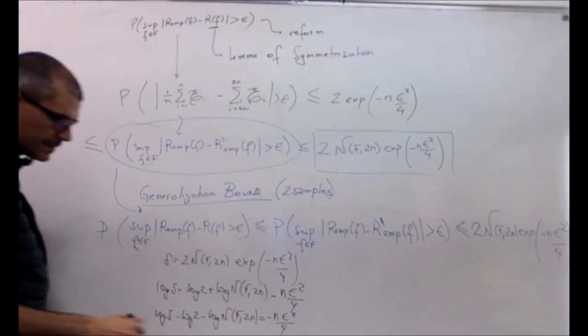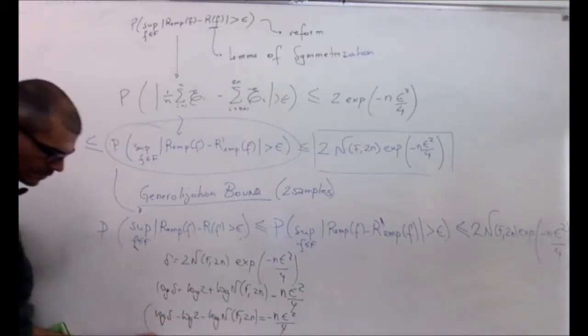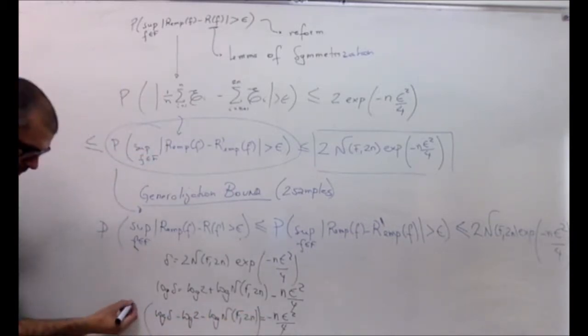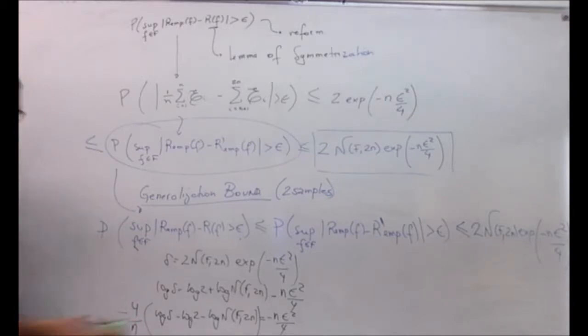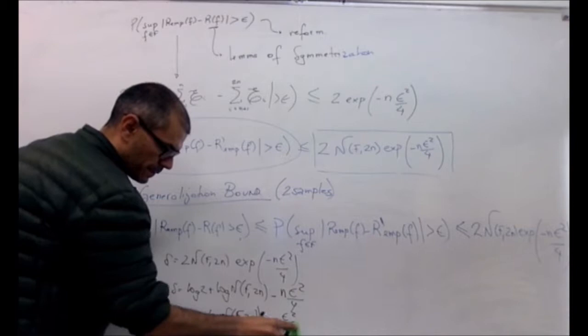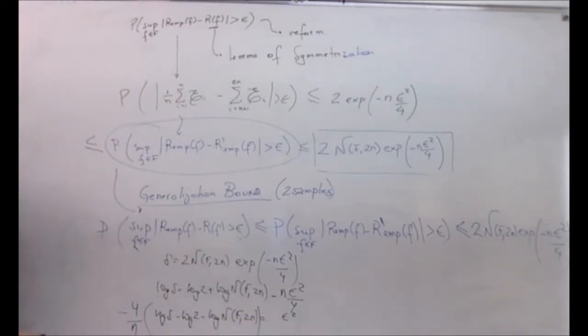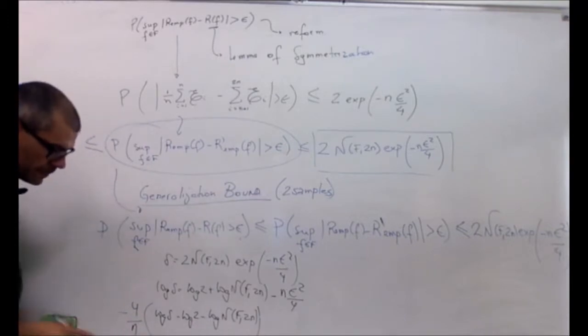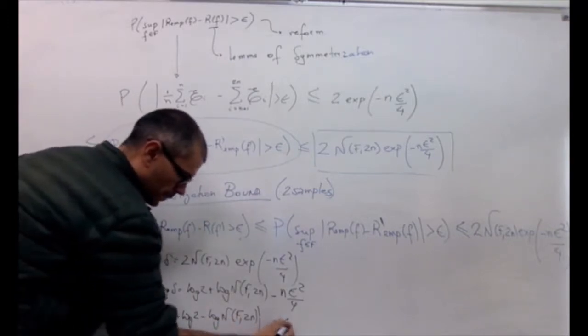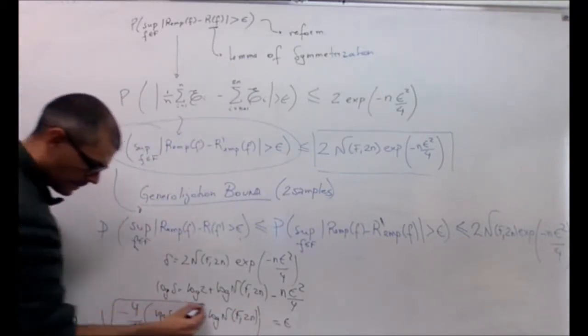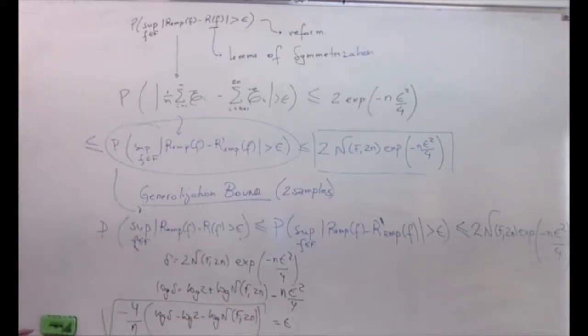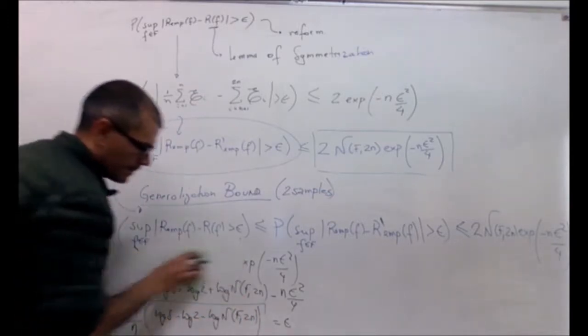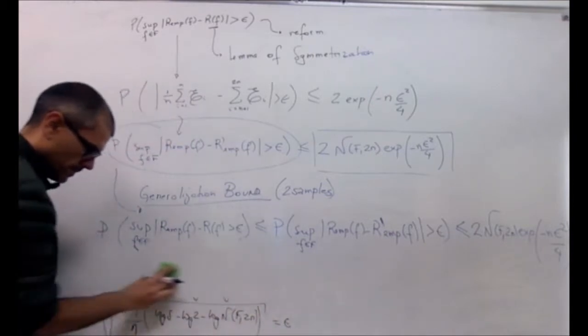And that will be the same as minus 4 over n being multiplied here, right? I have to remove it from here. Okay, and now we have the square root. Yeah, it's right. So now we can do from this.